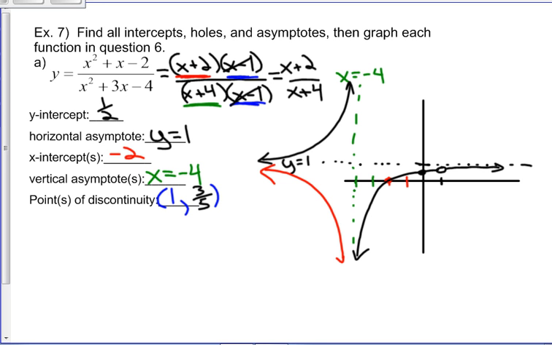The reason it couldn't be the red one is because then we'd have another x-intercept here. But we can see right here there's only one x-intercept. So in order for us not to have any more x-intercepts, it must be in that top left portion of the graph. Basically, it looks like one of those butterfly graphs, but it does have a hole right here, or a point of discontinuity.